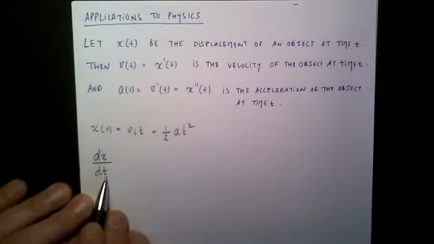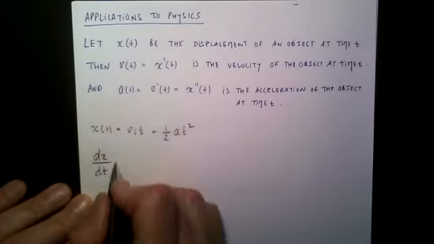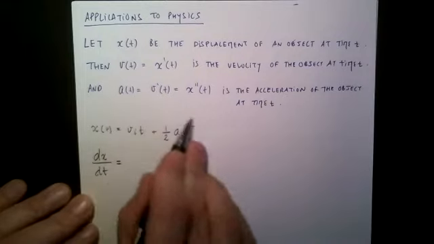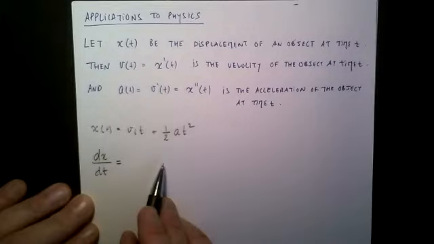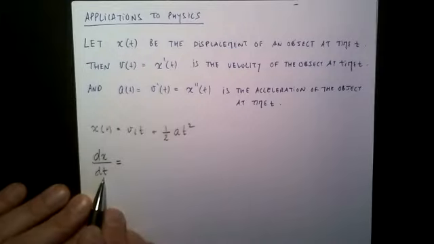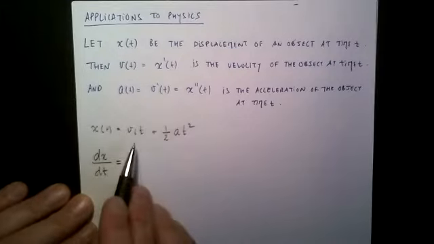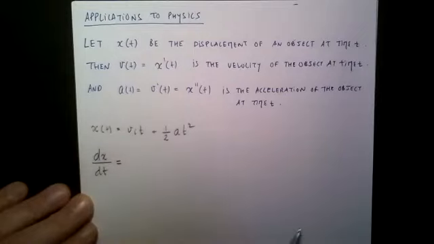I just want to be sure that you understand that my variable is t. That's why I'm writing it like this. There's only one variable. v_i and a are considered as constants here. I'm writing it this way to make sure that you identify that v_i and a are constants.